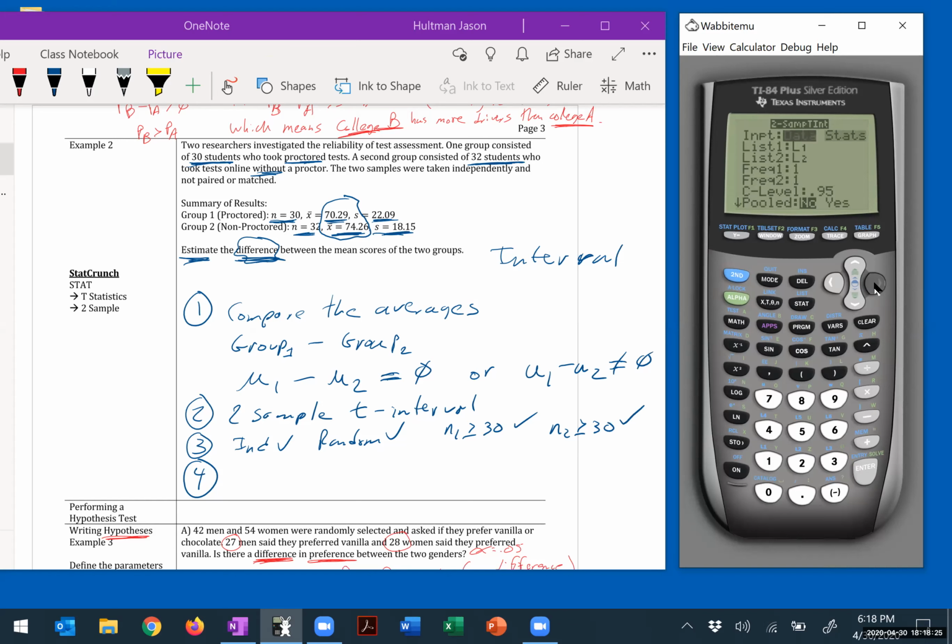So what do I want? I want statistics, not data. Okay, what's my x bar 1? What's my average in group 1? My average in group 1 was 70.29.